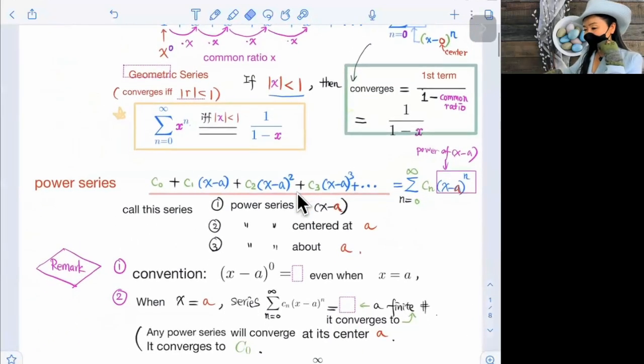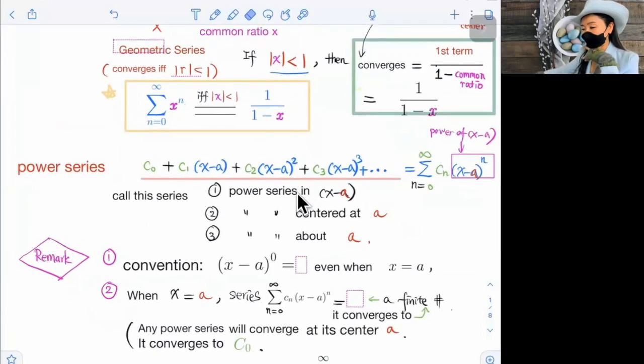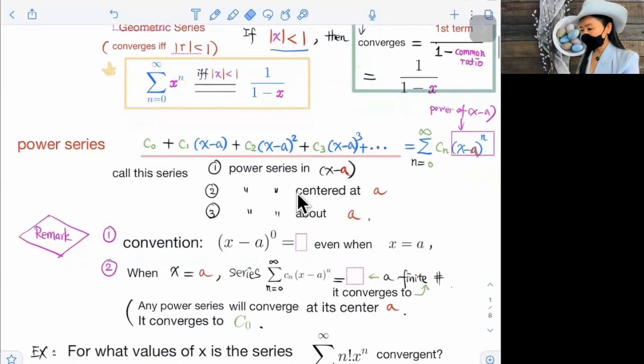Okay, so you got a taste of power series. We have a very simple power series, that one. Now, what are power series in general? Here is the general form of a power series. Every term will consist of a coefficient, let's call them c0, c1, c2, etc. Those are the coefficients. And then x minus a to the n power.